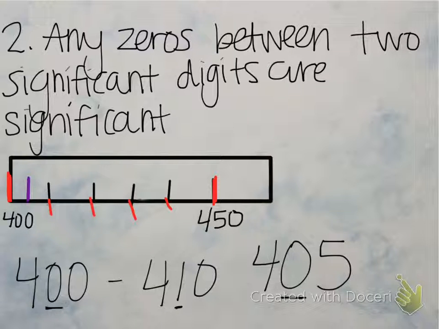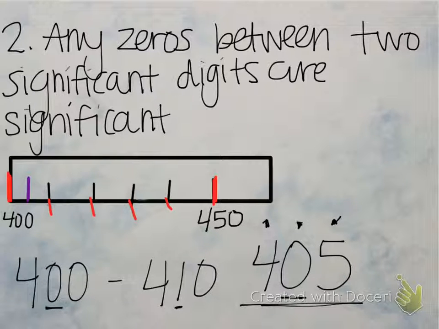Just because this is a 0 doesn't mean that it's not significant. We just determined that the tens place in this number was a 0. So we have a non-zero, it's 4. A non-zero is 5. That 0 is trapped in the middle, which also makes it significant. So anytime you have a trapped 0 or a captured 0, anytime it's in between the two, it is also significant.